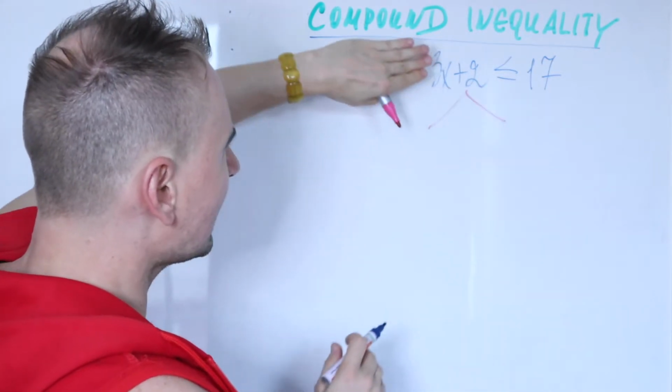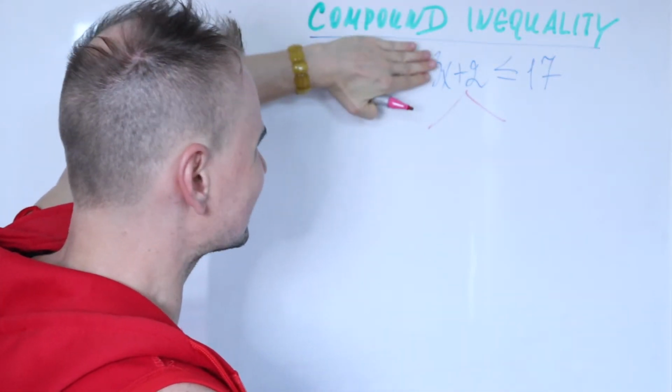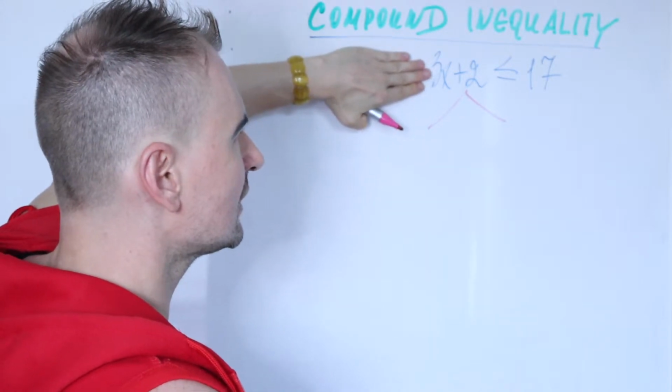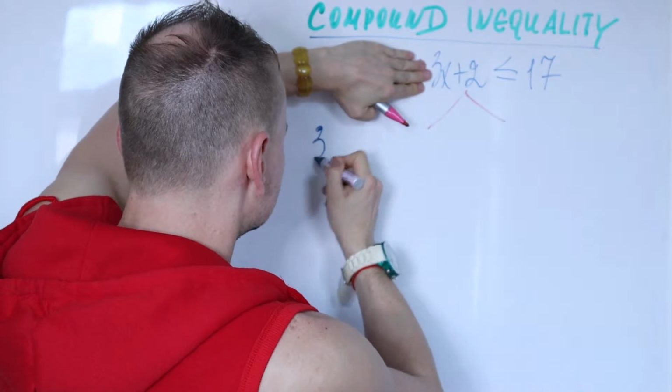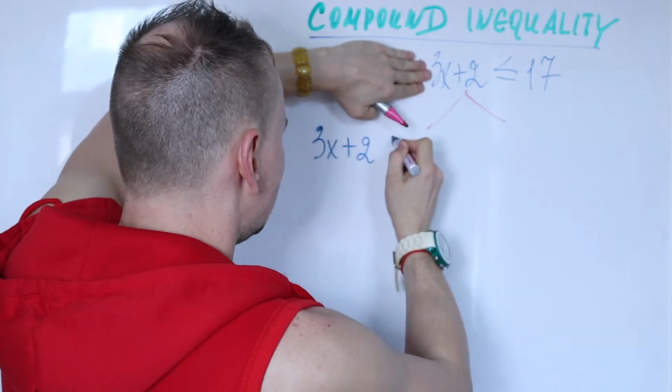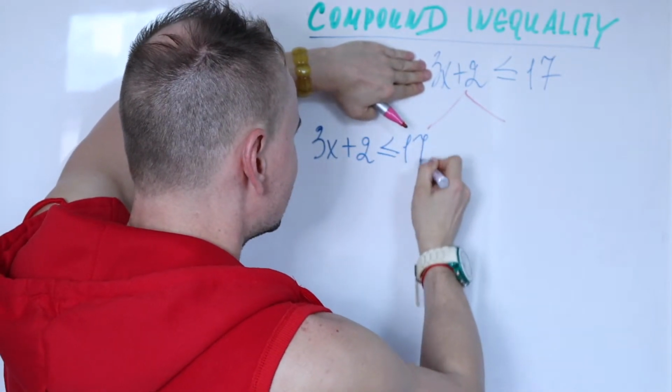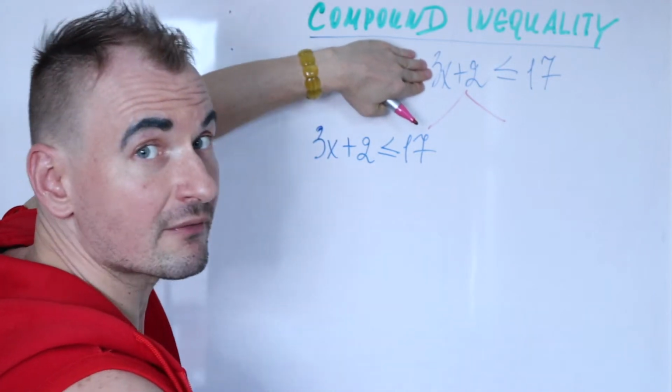Now, how am I going to separate them? You just simply close this part and you look at this like 3x plus 2 less than or equal to 17. This is your first one.